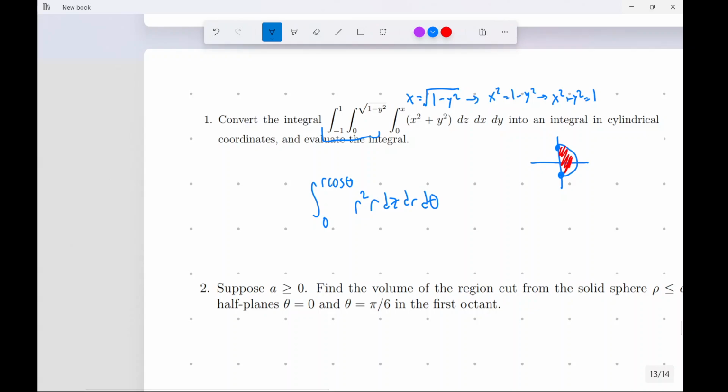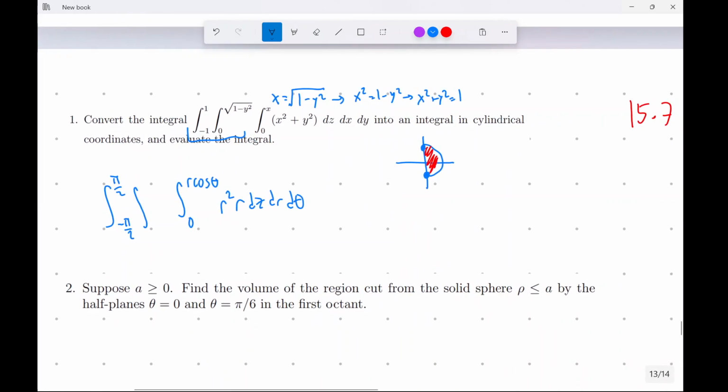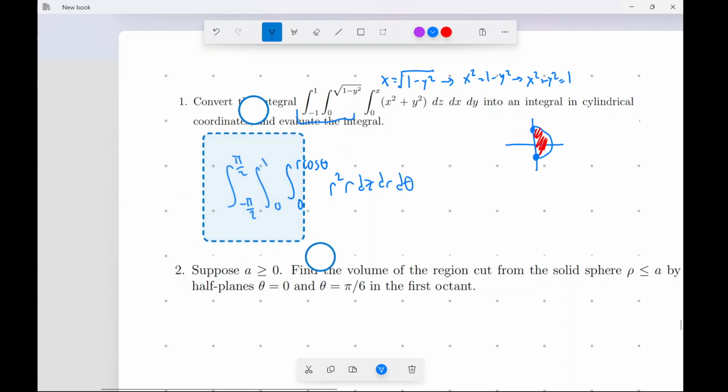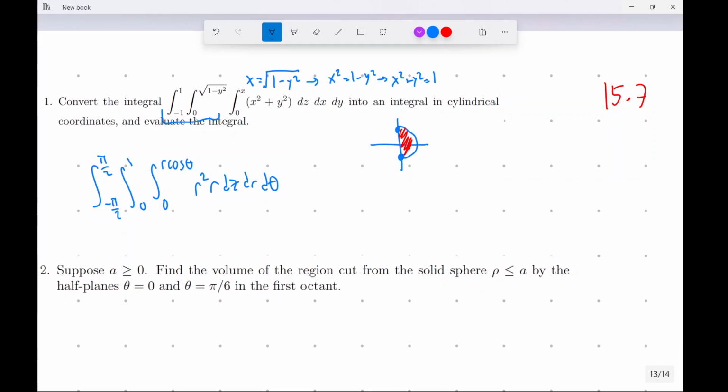So the minimum value for theta is -pi/2. The maximum value is pi/2. And then for the radius, it's just going to be 0 out to the radius of the circle, 0 to 1, because we can start in the center here at 0 and then move outward towards 1.